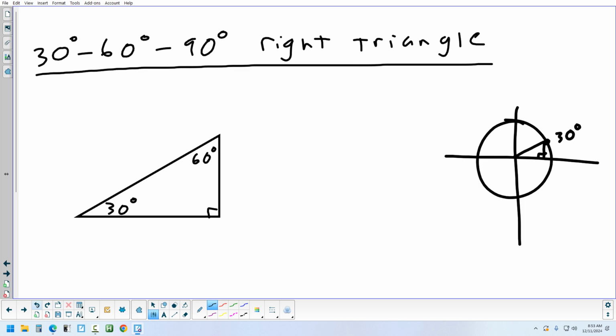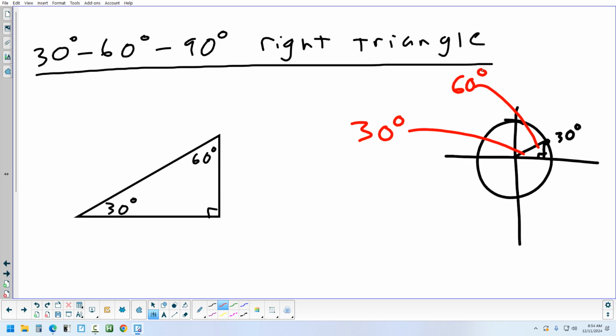I was going to say the one on the right does not match the one on the left because the 60 is not in the same place, and the 30 is on the outside of the triangle. No, that's the thing. So that's your 30, and that angle right there is your 60. And then what's the other 30 doing? That's on the outside. Oh, that's like on the unit circle marking.